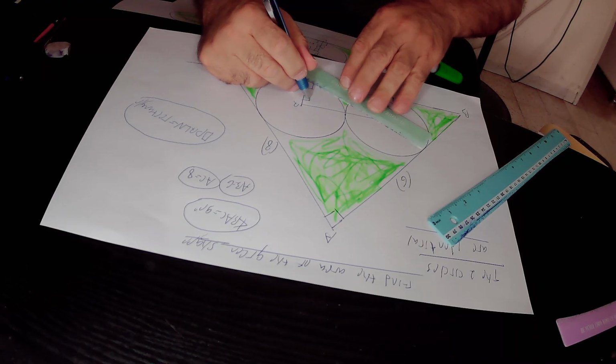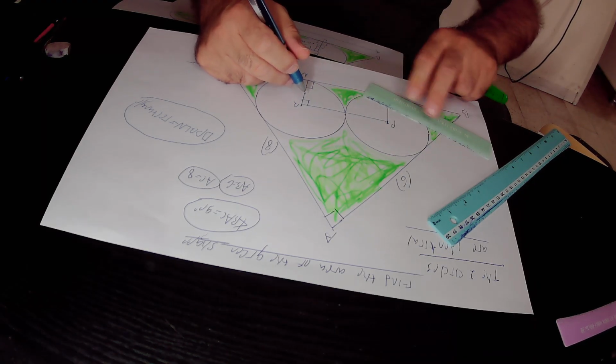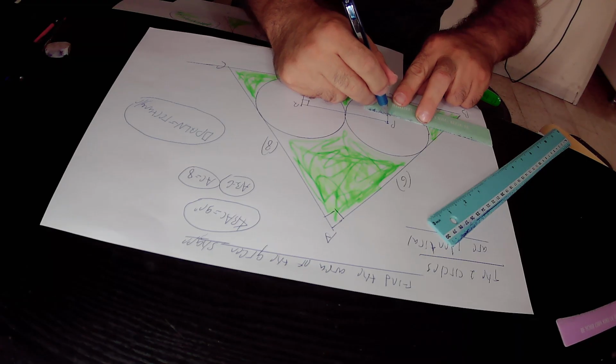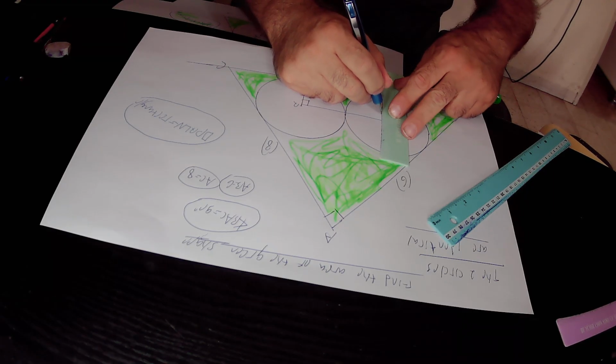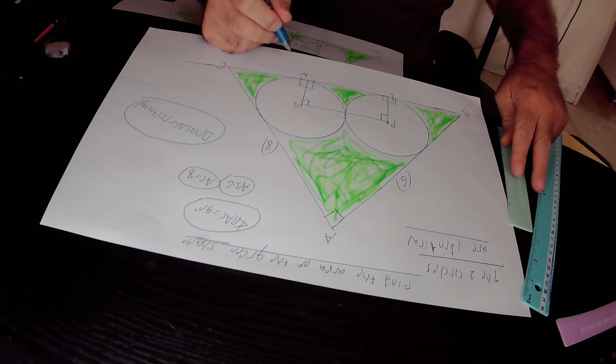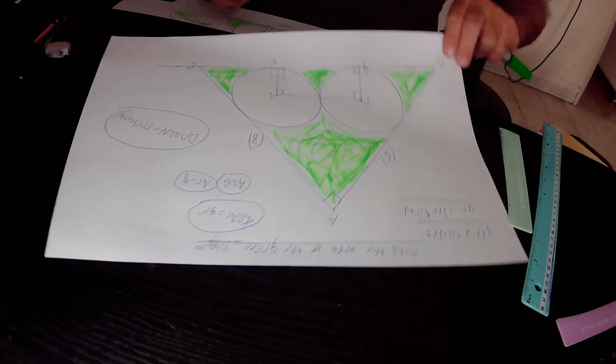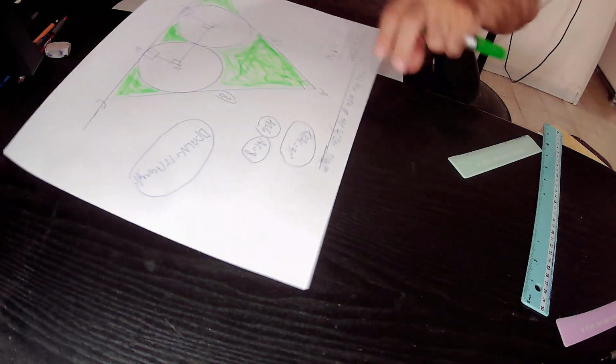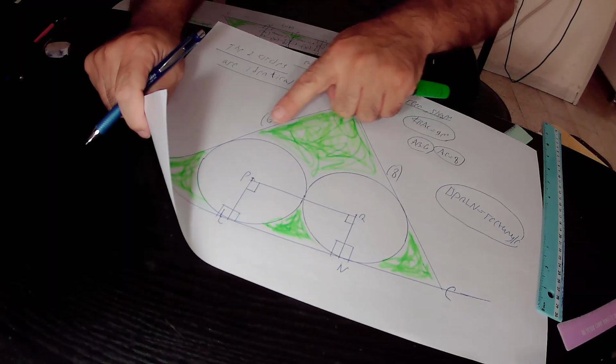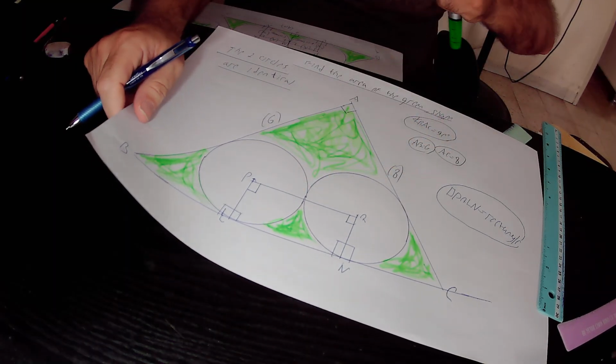So it has 4 right angles. This is rectangle PQLN, in the coordinates of the original drawing.